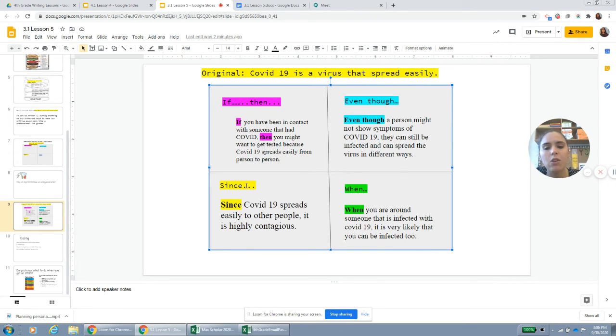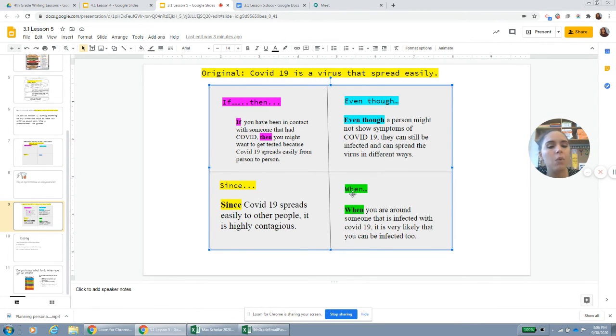The next way that you can try is since. So I decided to give it a try. I started with the word since. So I said, since COVID-19 spreads easily to other people, it is highly contagious. Again, I'm saying the same idea. I'm just making it a little bit more catchy.